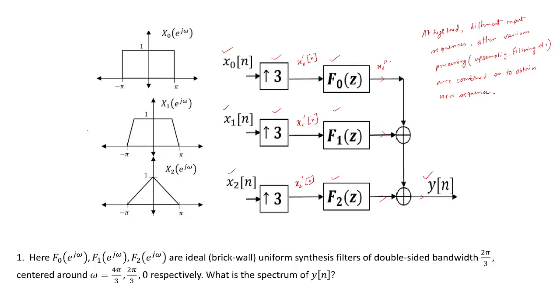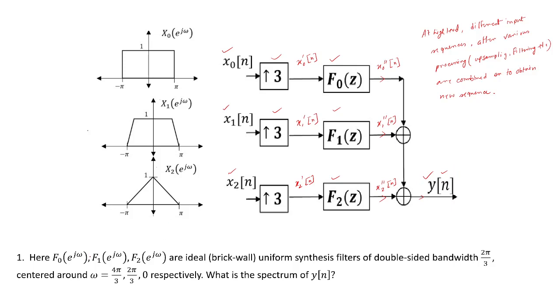Here we obtain x0 double dash, x1 double dash of n, and x2 double dash of n. These intermediate sequences we use because they help us to break down this large problem into simpler modules so that we can correctly interpret their impact to obtain the final output sequence.